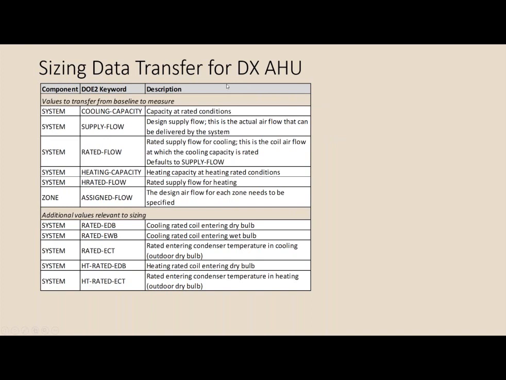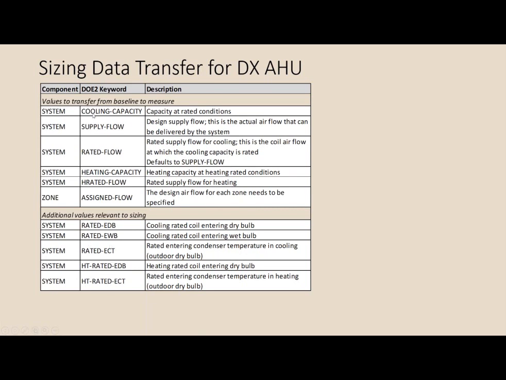So the first example is a DX air handling unit, and if you're trying to transfer sizing from a baseline to a measure, you would want to capture all of these values from system and zone. And then there's some additional values that are important to have consistent.